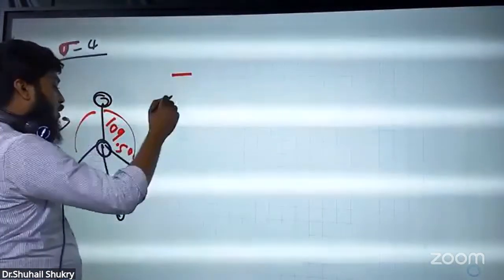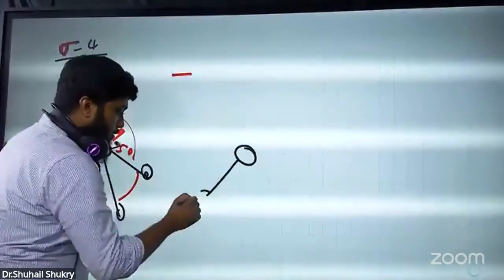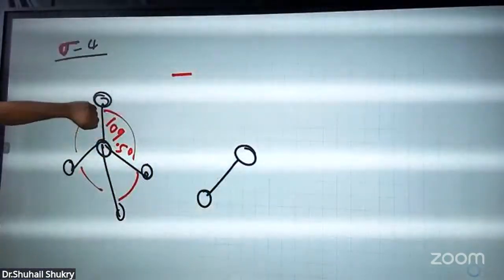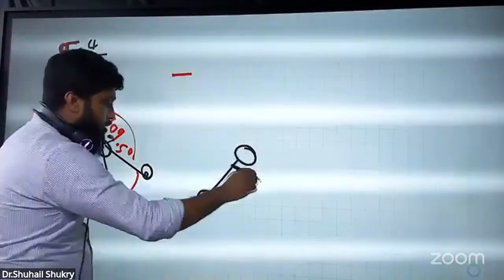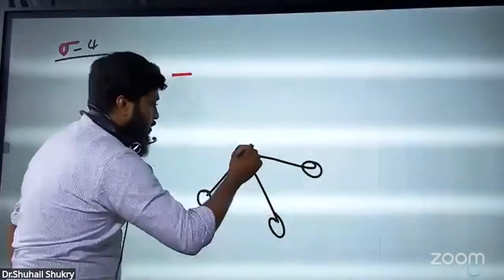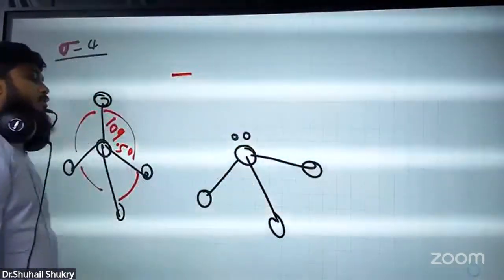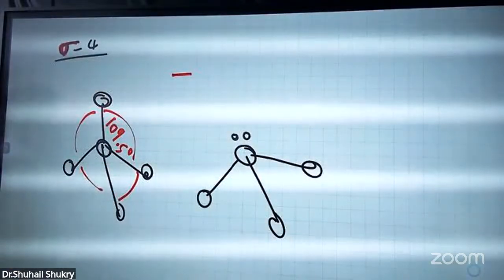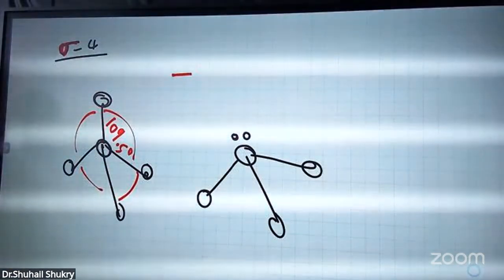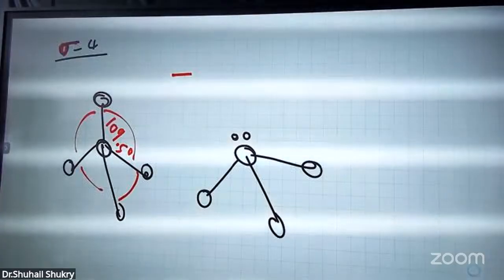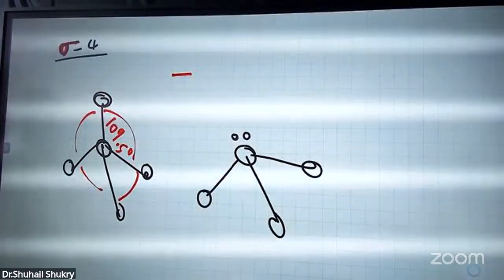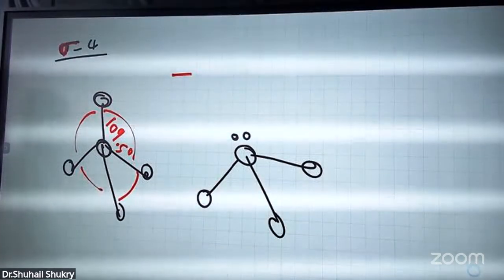Next, if I remove one, I'm going to remove this one. Now I removed this. This shape, can you give it a name? It looks like a triangle now.